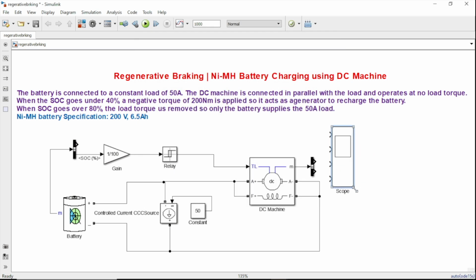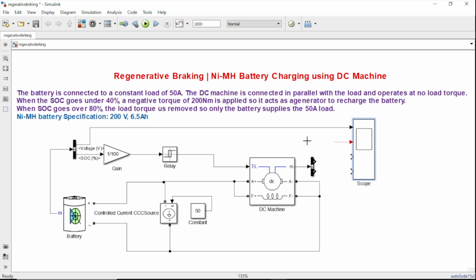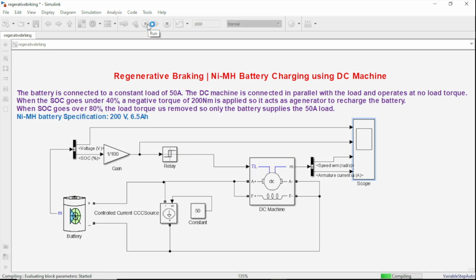So in the first connection I am giving the voltage, second one is the SOC, third one is the speed, and here you can see this is the armature current. Now the runtime is considered as 1000 seconds. So just run this button.